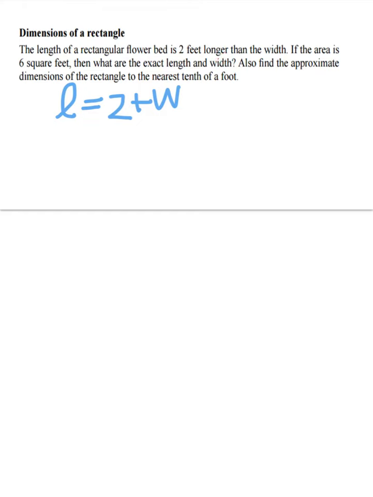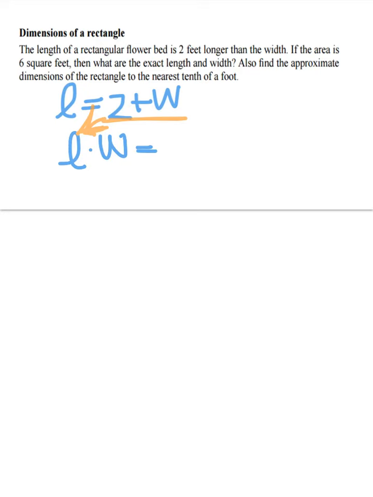So how do we find the area of a rectangle? It's simply length times width, right? So let's go ahead and write down length times width. But I don't want two different variables, so I'm going to substitute 2 plus w for L, because we want to stick with one variable.